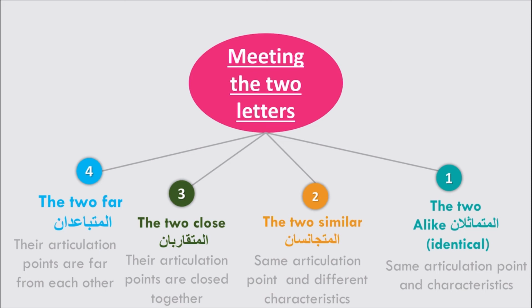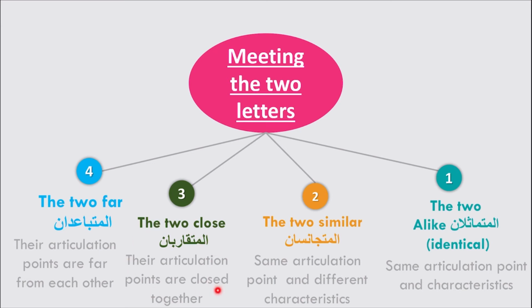The third probability is that the letters may be mutaqariban, the 2 close. Maybe their articulation points are a little closer to each other, and they may have the same characteristics or different characteristics, but the articulation point is the key, that they are close to each other.